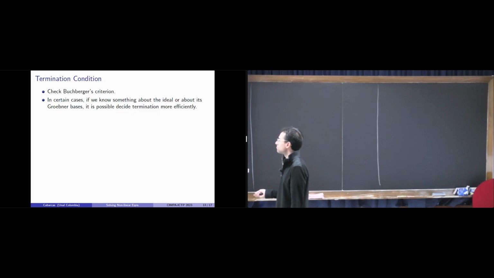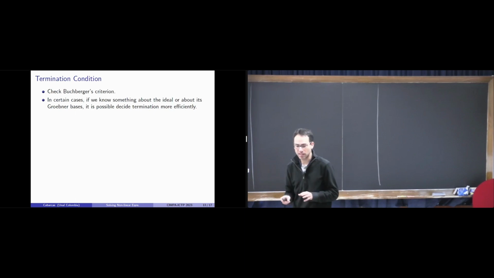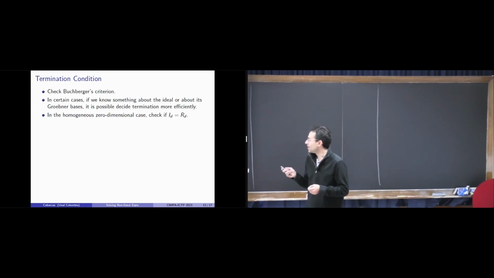In certain cases, if we know something about the ideal or about its Groebner basis, then it is possible to decide termination more efficiently. For example, in the homogeneous zero-dimensional case, and by zero-dimensional, I mean that the dimension of the solution space is 0, which means that the number of solutions in the algebraic closure is finite.